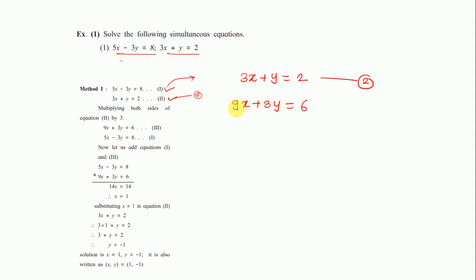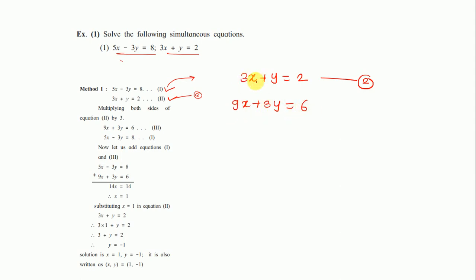We get this equation, 9x plus 3y equal to 6. There is no change by multiplying both sides. Do not multiply on a single side, just multiply on both sides. You can multiply or divide on both sides, left hand side as well as right hand side.